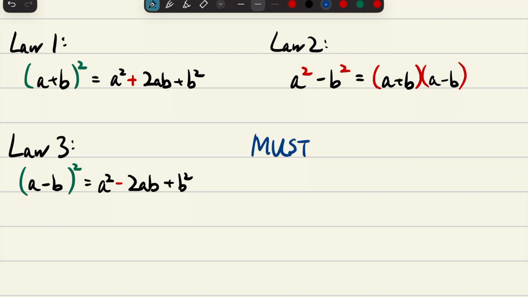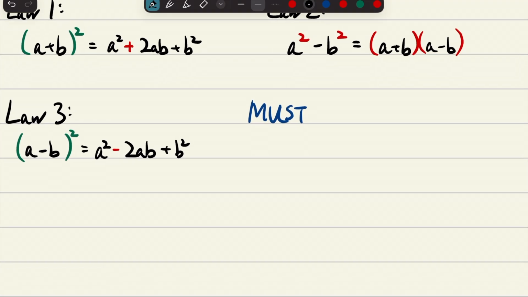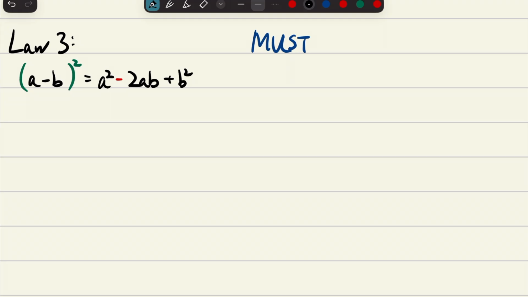So there are two optional identities that, if you can remember them, would be very good for your grade 11 and grade 12 math class. So there's optional. The first law will be sum of cubes.